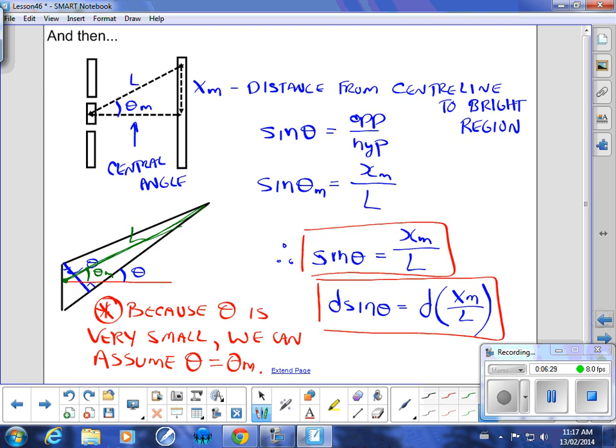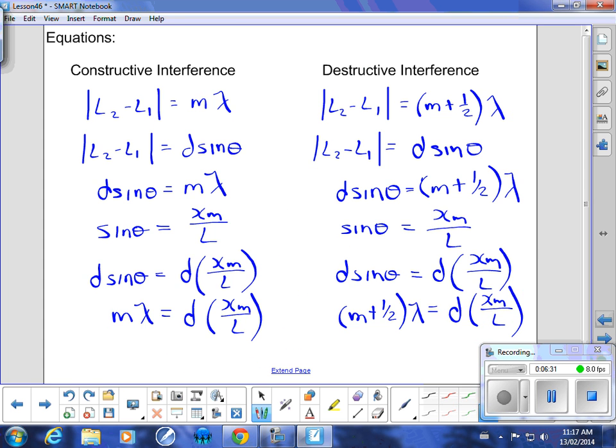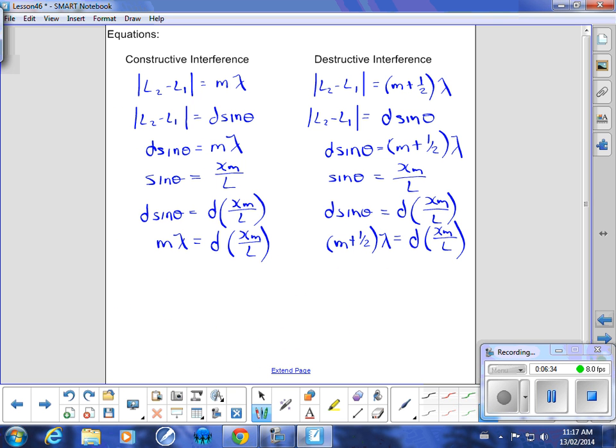Going back to that first formula slide, we end up with our formula: lambda equals d delta x over L. It's the same formula if you want to find the next dark region, so it depends on what you're looking for.